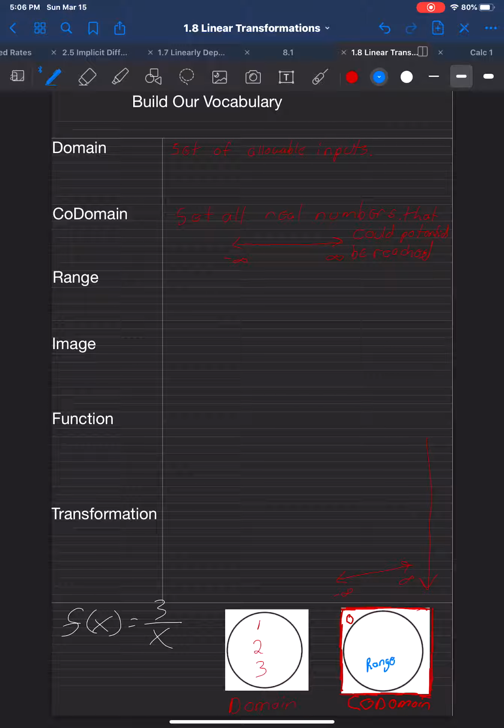Now, other than 0, what else is in the range? Well, of course, 3 is in the range. Of course, 1 is in the range, and so forth. But now the question becomes, how do you get to it, right? So let me come back over here to my domain.